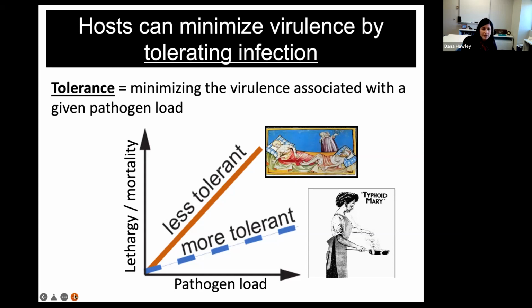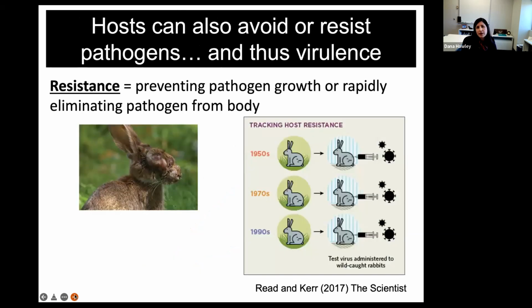So of course, tolerance is not the only way that a host can avoid virulence. Of course, hosts can also avoid getting infected altogether, or they can resist pathogens once encountered. I'm not going to talk so much about resistance today, but resistance is the more commonly studied host response, which is just preventing pathogen growth or rapidly eliminating it from the body once it colonizes.